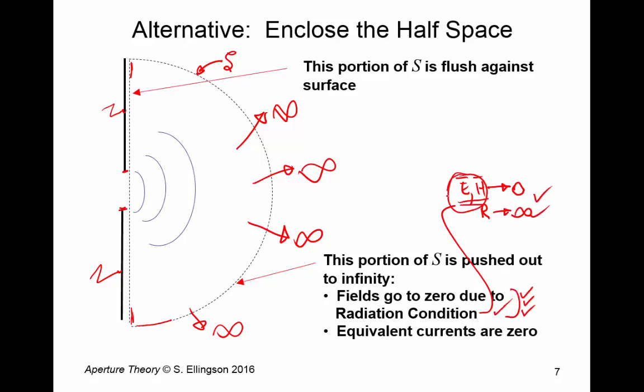And if those fields are 0 to a good engineering approximation, then the associated equivalent currents will be 0. So the value in doing this, of making this surface go to infinity, is that we can then say everywhere on this part of the surface, those fields that result from the aperture over here will go to 0.